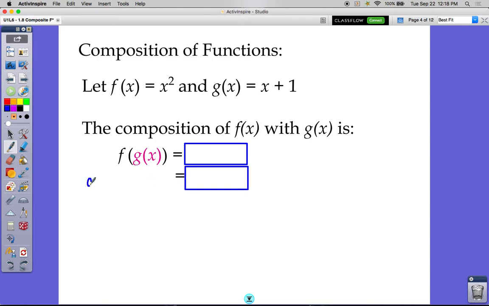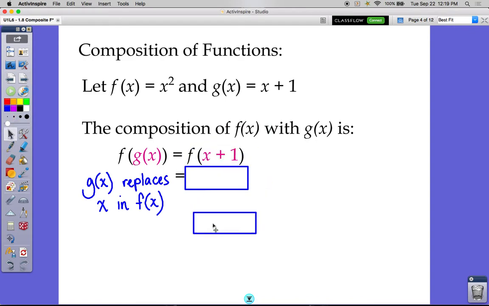That means that g of x replaces x in f of x. Everything that g of x is equal to is now going to go into the f of x equation where you see an x value.